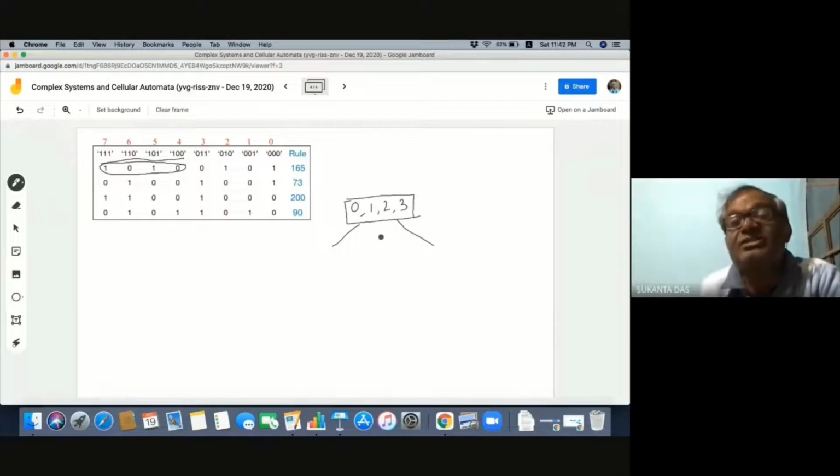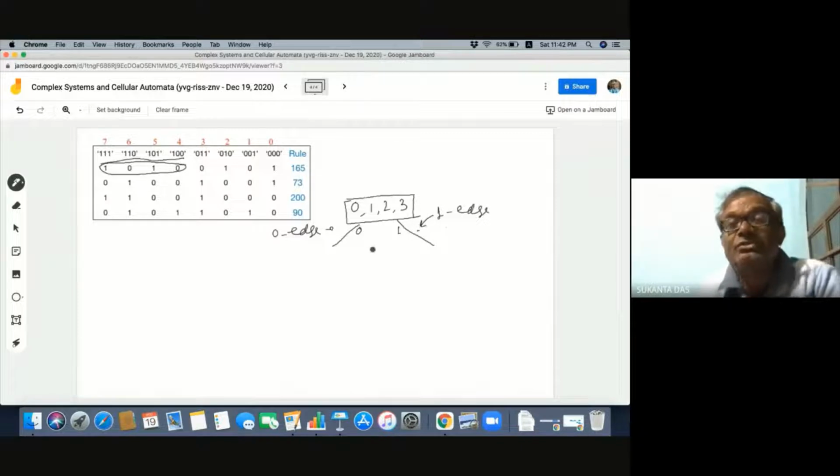If there were 3 states, I'd have 3 children. Now the left edge is always 0, the right edge is always 1. We call this edge the 0 edge, and this edge the 1 edge.